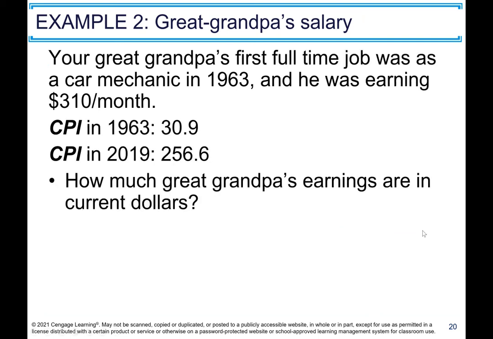Example 2. Great-grandpa's salary. Your great-grandpa's first full-time job was as a car mechanic in 1963, and he was earning $310 per month. CPI in 1963 was 30.9. CPI in 2019 was 256.6. How much are great-grandpa's earnings in current dollars?